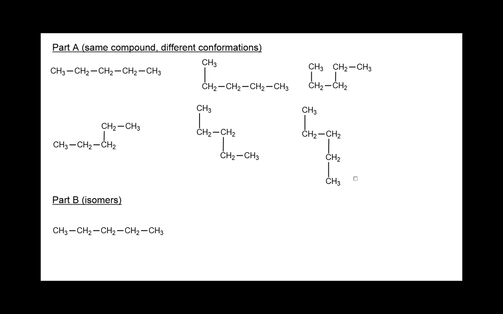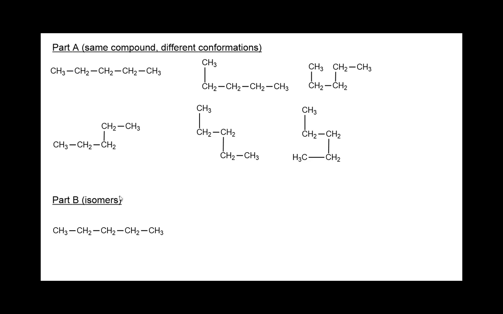In fact, there should be many. Let me take this and switch it around right there. And you see now this is very much similar to the structure above it. So these are, again, all identical ways of representing the exact same compound. If we named them, we'll find out they are all named pentane. There's no difference between them.